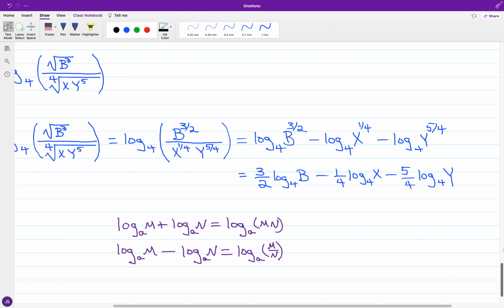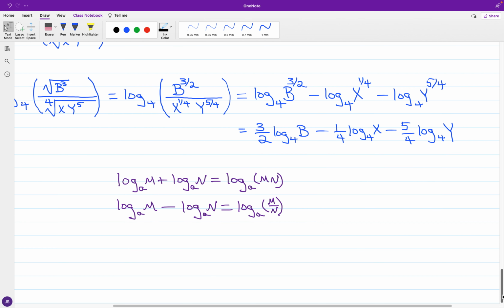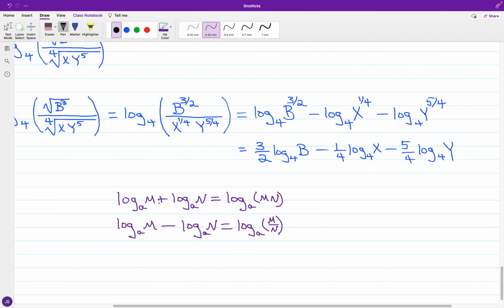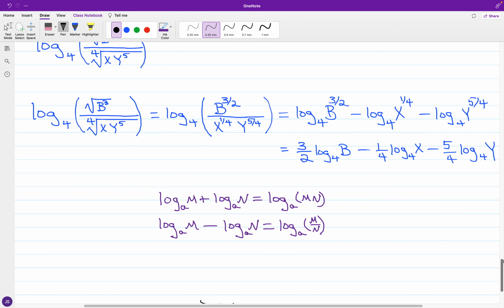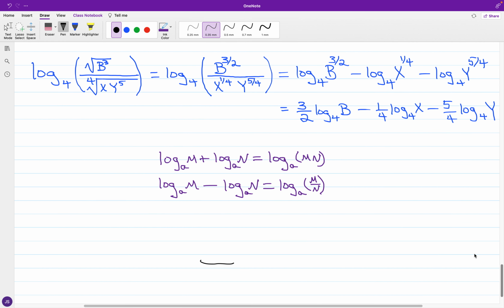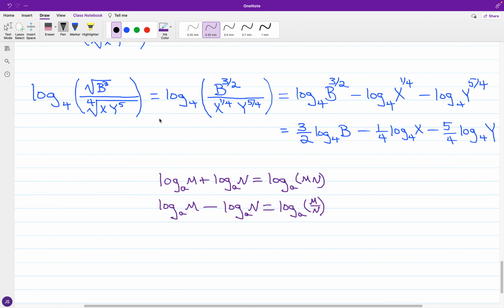Let's give you cases here. Instead of expanding, going from a single logarithmic term to separate logarithmic terms in the same base, we'll be going in the other direction. Now, among our examples, we're looking at expressing as a single logarithm.